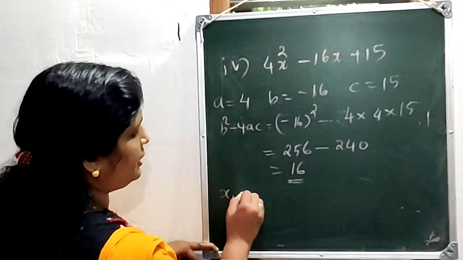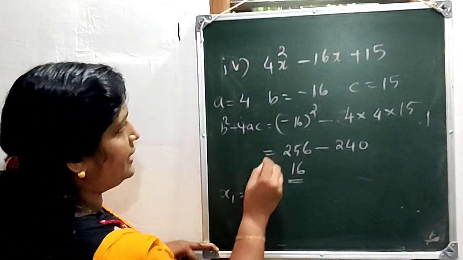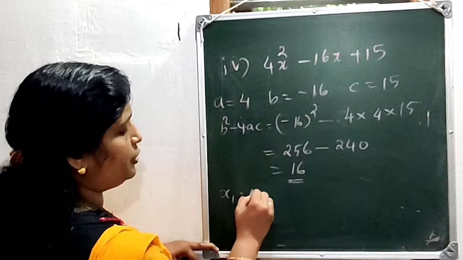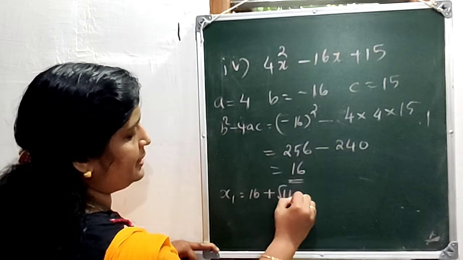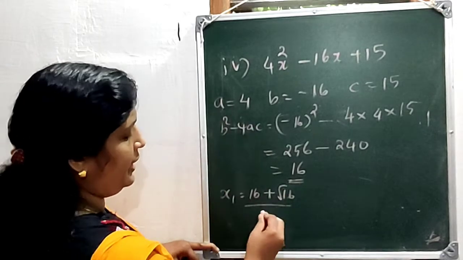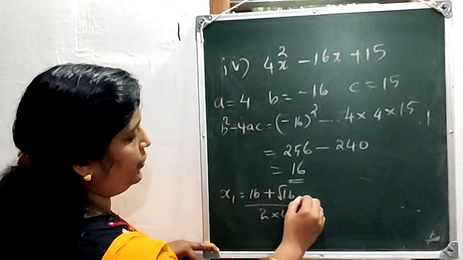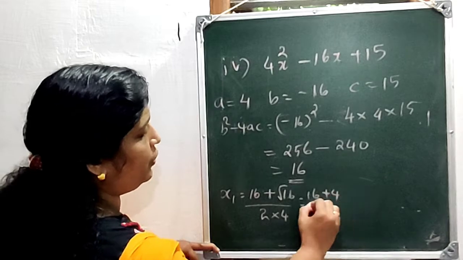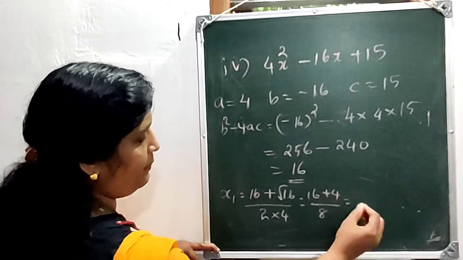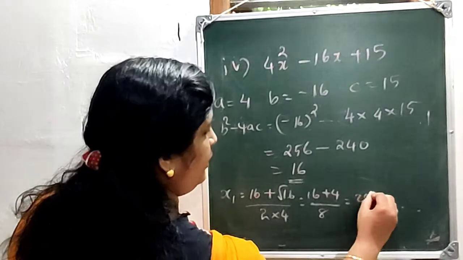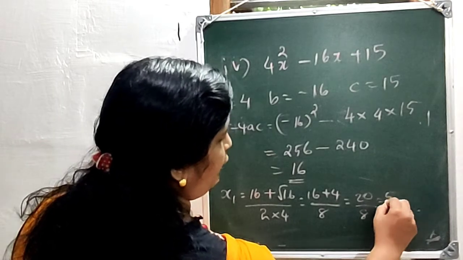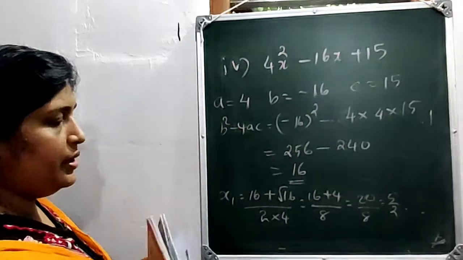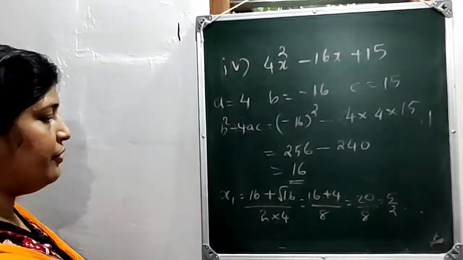Then the solutions: x1 is equal to minus b, that is 16, plus root 16 by 2a. 2a is equal to 2 into 4. That is 16 plus 4 by 8. 16 plus 4 by 8 is equal to 20 by 8. 20 by 8 is equal to 5 by 2.